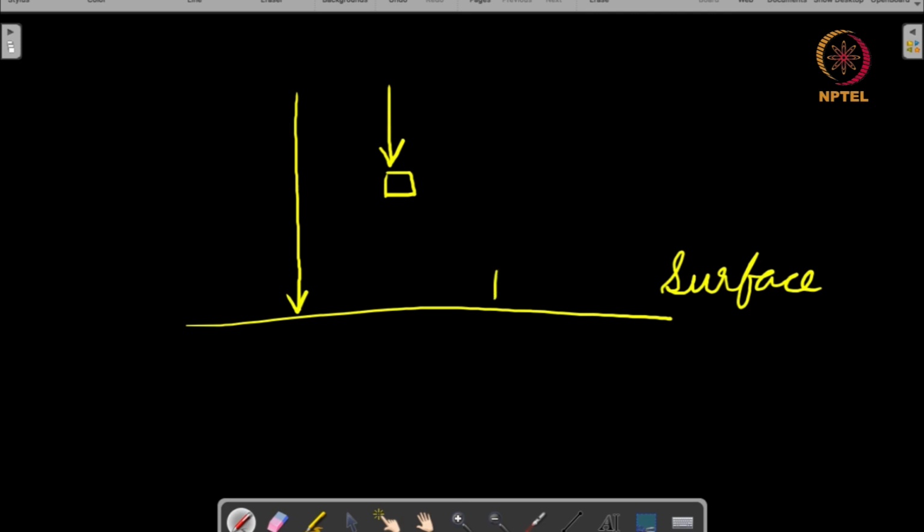So here you have PB and here you have P. And so the net force acting on this parcel is given by this value. Now PB is greater than P, so you have PB minus P multiplied by A, which is the area of the cross section of this parcel. Now this is the pressure that is acting upwards.